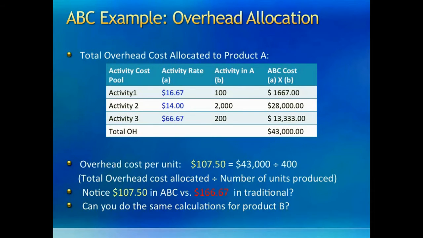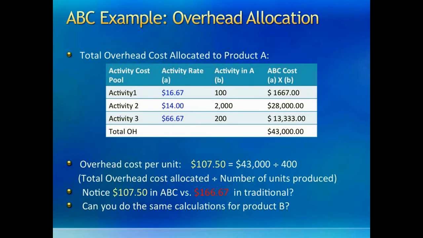Now, refer back to the cost allocated under the traditional system on slide 7. It was a total of 66,667 point something as opposed to 43,000 under ABC. On a per unit basis, cost assigned to A comes down to 107.50 from 166.67. That is a huge difference in cost assigned to a product under the two methods.